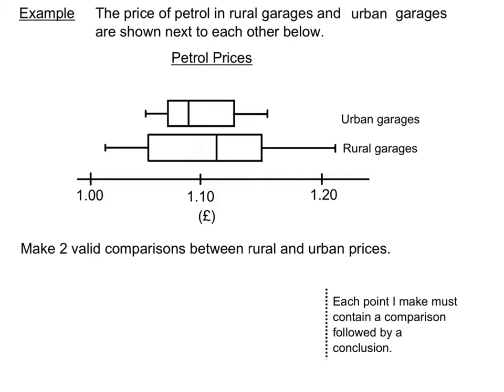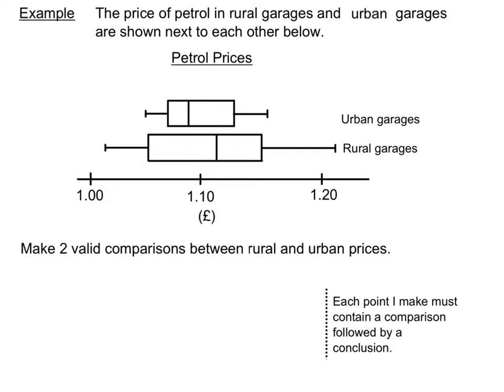Now what that means is they would have taken a collection of urban garage prices and created a 5-figure summary and then plotted that into a box plot. The same with rural garages. They would have taken the price of petrol there and made a 5-figure summary and again turned that into a box plot. So what we have there is a box plot here and here representing a number of urban garages and a number of rural garages.